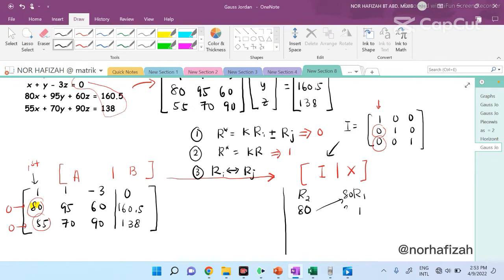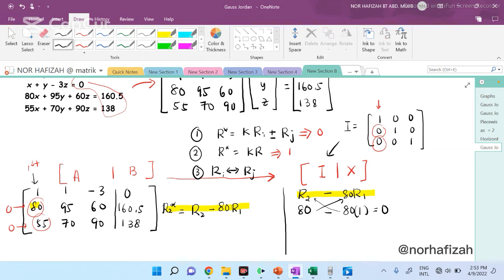Times 1, you don't have to write. To make it become 0, the operation is minus because both are positive. So you write the row operation on the second row: R2 minus 80 R1. Okay, this is the row operation.